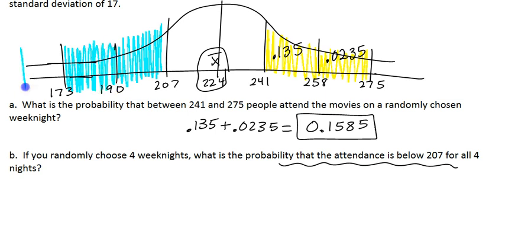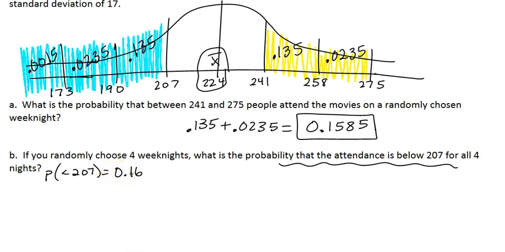What's the probability attendance is below 207? So again, these probabilities I'm getting right from what I have memorized or from my bell curve on the front. So I'm adding all 3 of those together. The probability of getting attendance below 207, less than 207, is 0.16 again.